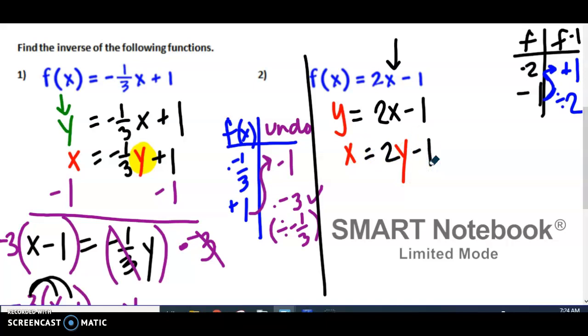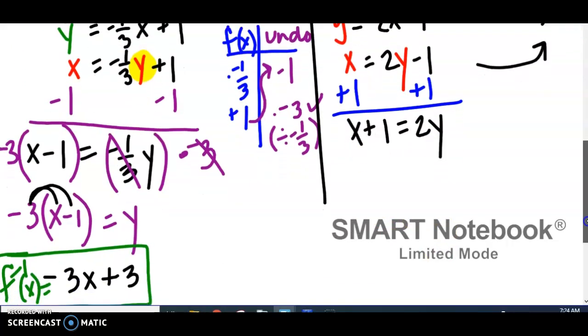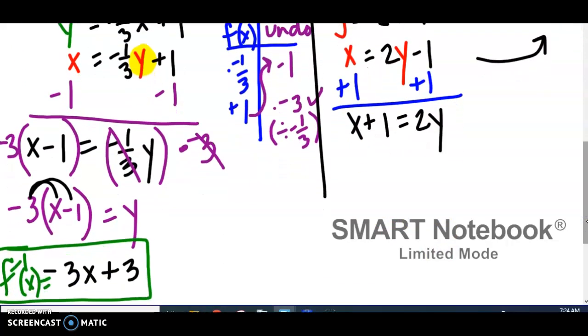Then I can do these steps that we talked about up here, which first step we said was to add 1. Piece of cake. So I get x plus 1 equals 2y. And then we said we would have to divide by 2. Now, dividing by 2 over there should be a piece of cake. It just goes away.